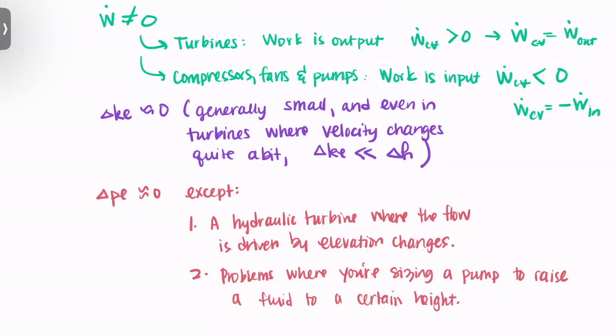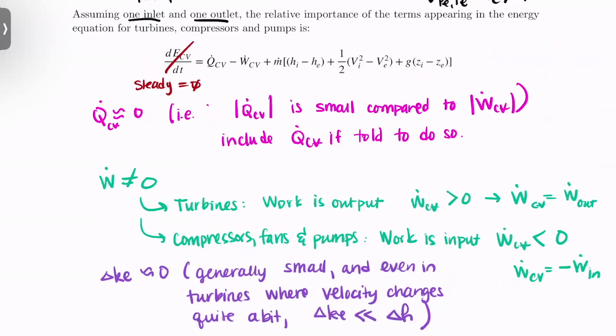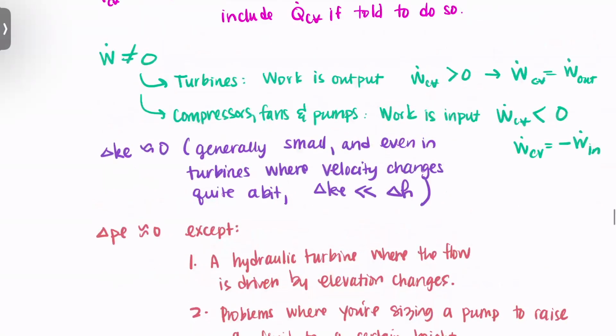So generally we can say it's 0 unless we have one of these two circumstances. Any questions on these assumptions? So always keep work, always get rid of heat transfer unless told otherwise. Pretty much always get rid of kinetic energy, and then same with potential energy except for 2 exceptions, okay?